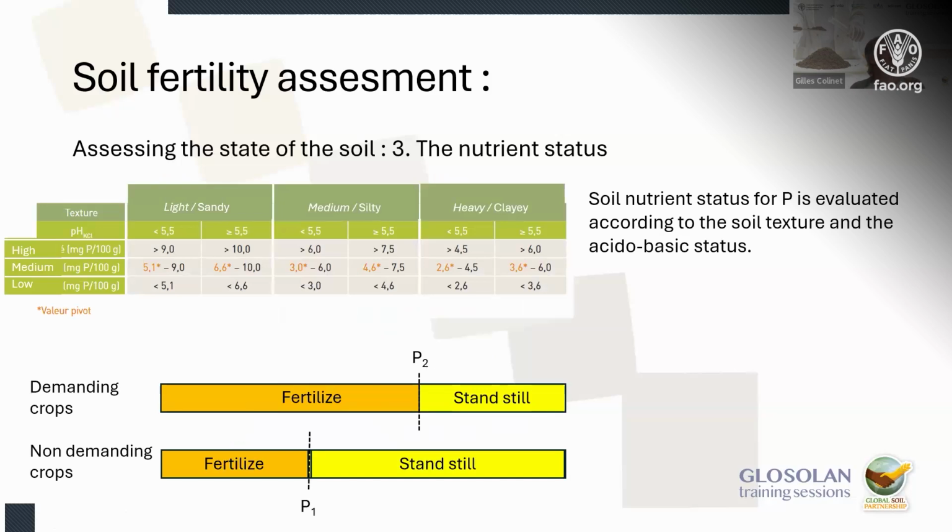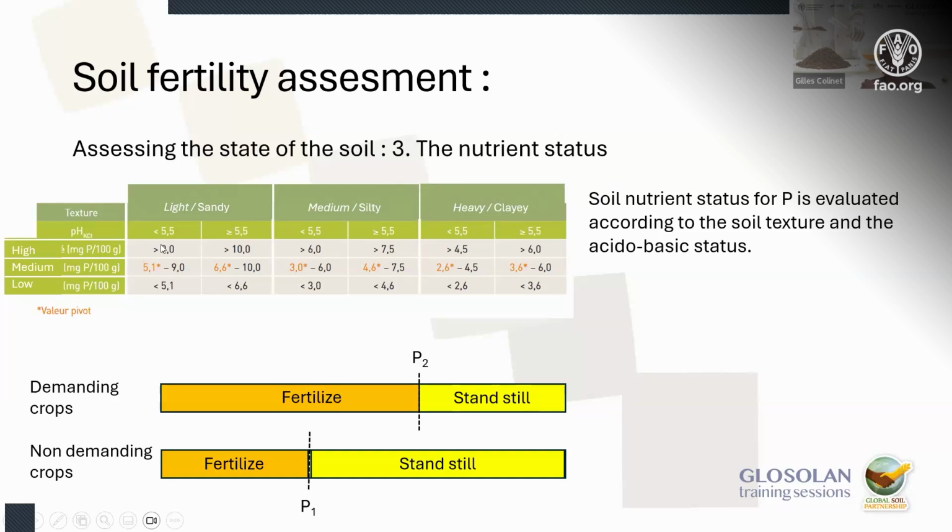So for calcium, magnesium, potassium, we have an evaluation scheme based on ideal cationic balance. Regarding the phosphorus, it's a bit different. We recognize the importance of the texture. So light texture is sandy soil, medium texture is silty soils, heavy texture is clay soils. And also the pH is taken into consideration.